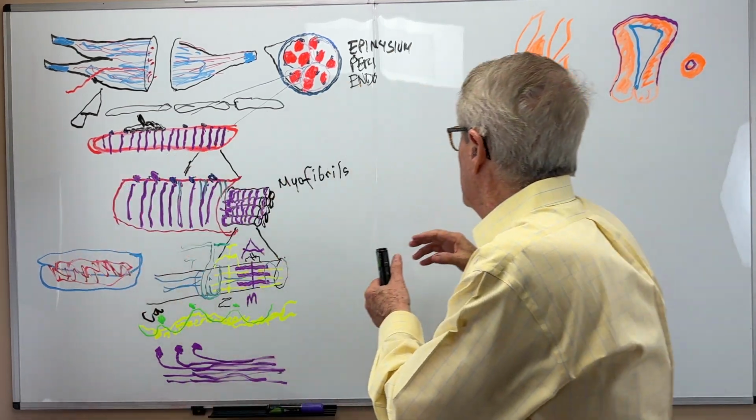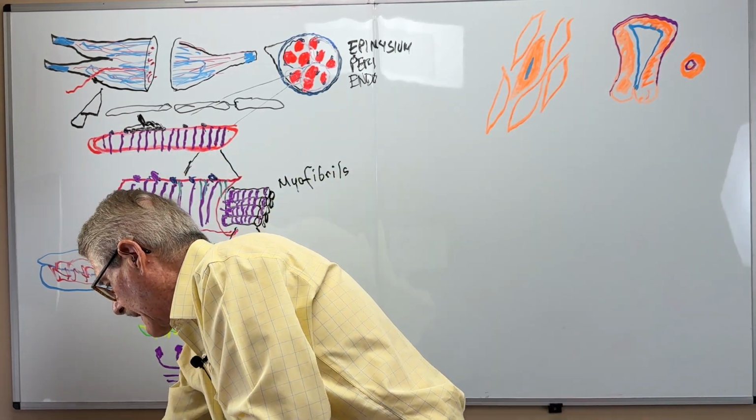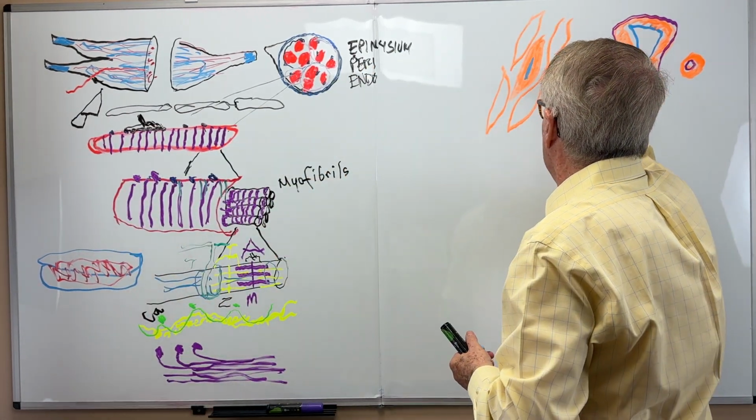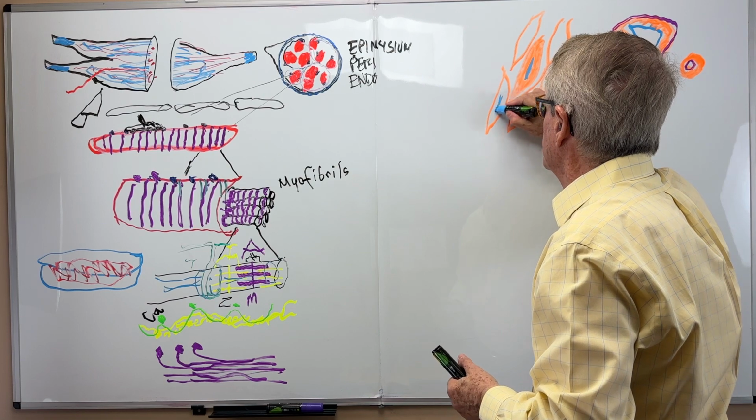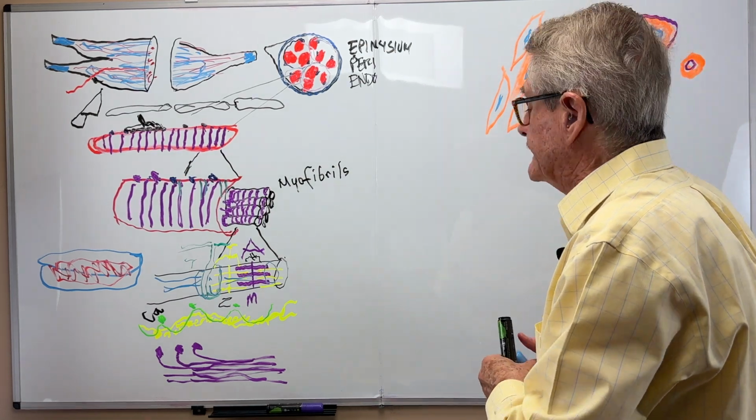Now, every time the muscle contracts, it will become a little bit rounder, right? So each one has its own nucleus. I will not paint the cells because you can imagine that.